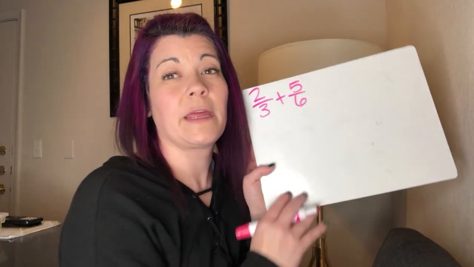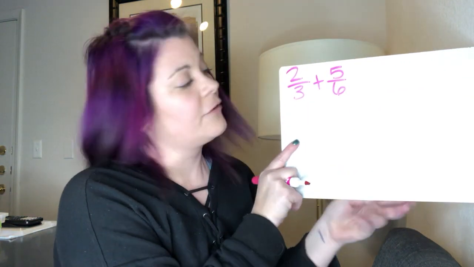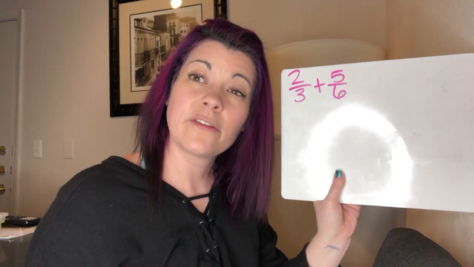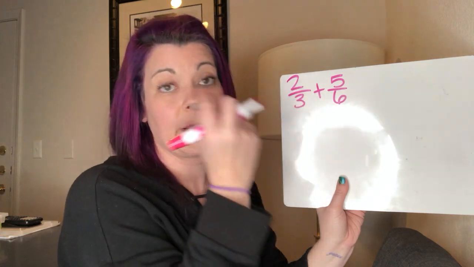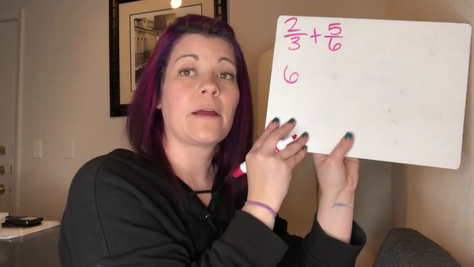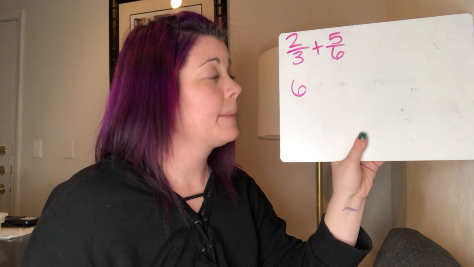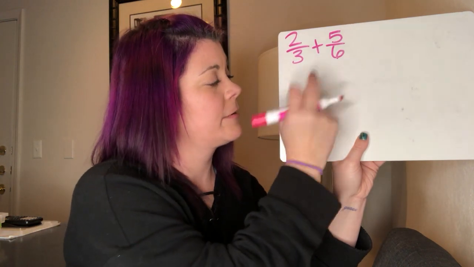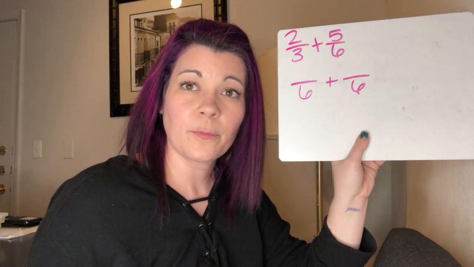We're going to use the same problem, 2/3 plus 5/6, but we're going to find the least common denominator. How I like to do that is I start with the bigger number and start doing its multiples to see if it's a multiple of 3. The multiples of 6 are 6. Right there I know that 3 goes into 6, so that can be my denominator. I'm going to change my denominator to 6 because that is a multiple of 3.